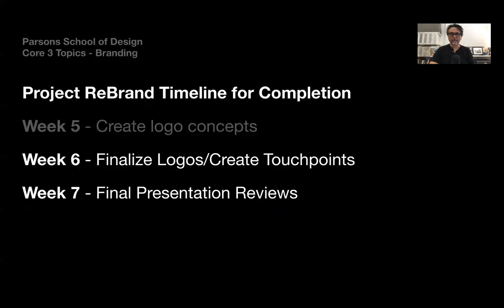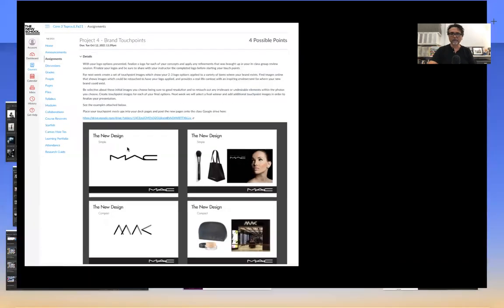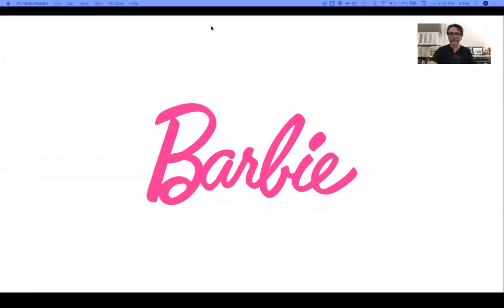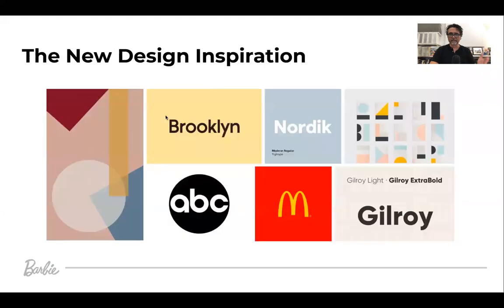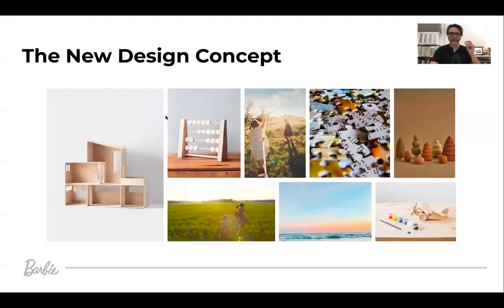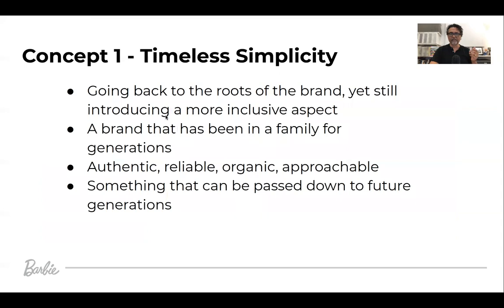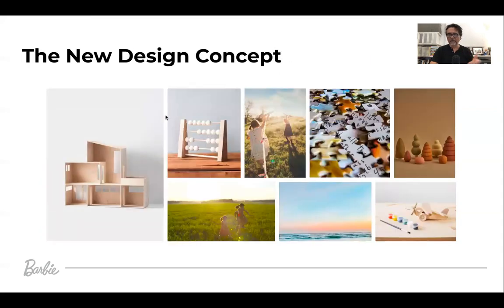Okay, so let's do just a quick look at a little further on these brand touch points and how to present them and what the objective is. So we looked at Barbie last week, and we saw that the idea here is that we're building on having a concept statement, having a name for the concept, being able to talk about it in a narrative way that makes sense, not in designer speak, but in everyday language, and then creating a mood board that reflects that world.